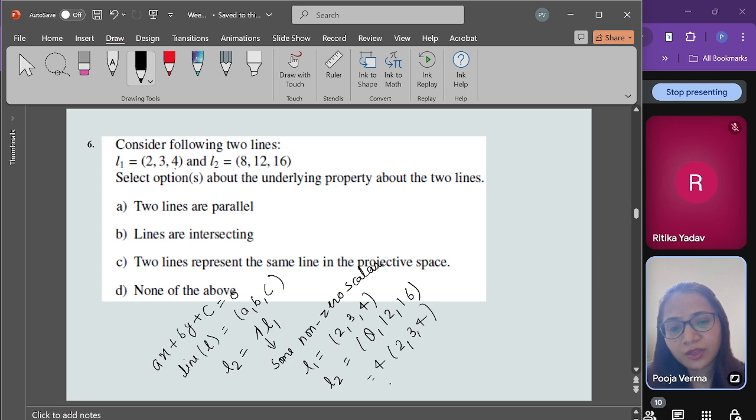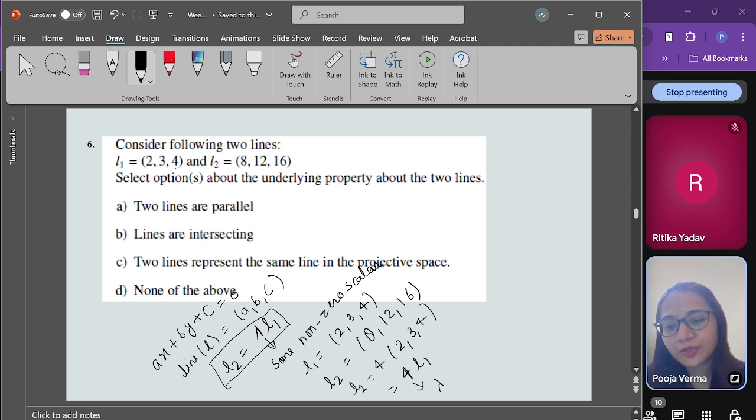That means L2 can be represented by 4 L1, where 4 we can relate with the lambda, right? So that means they are scalar multiples, right?